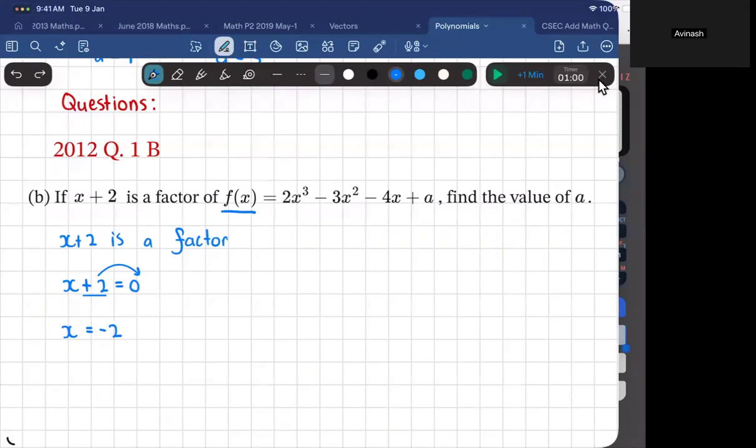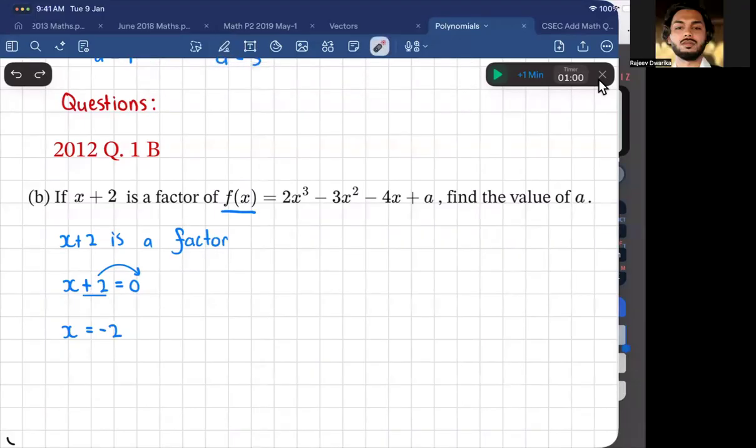All right. So anytime you want to use the factor remainder theorem, this is your first step. You need to let the divisor be equal to 0. I'm going to put it equal to 0, and I'm going to find a value for x. So x is equal to -2. Now, Avinash, what are they saying about x plus 2?